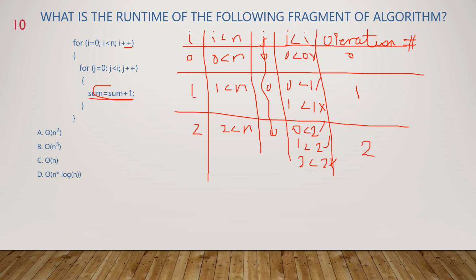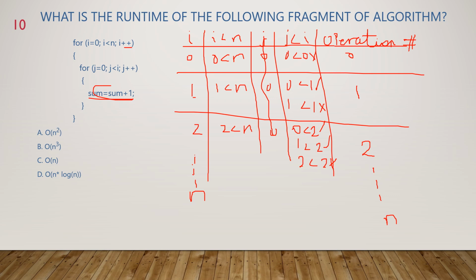When you see this one, I goes from 0 to n, that means it moves until n, and this operation will also move up to n times. Based on this, how many times do these operations run?